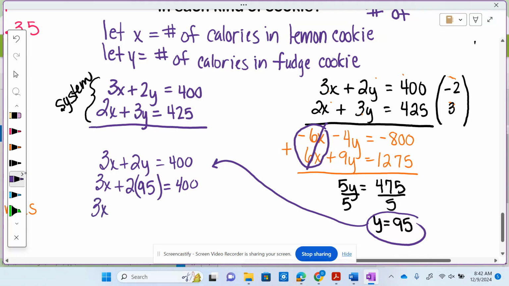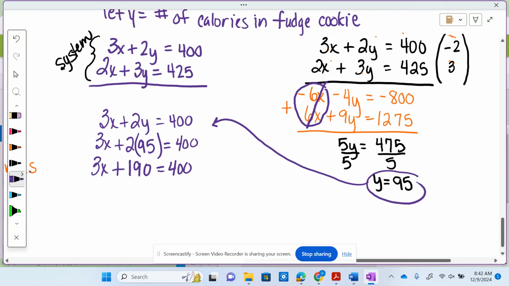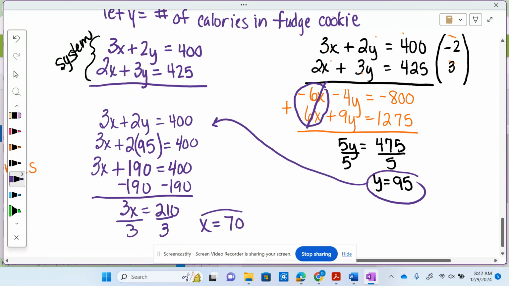So 3x plus, what is 2 times 95? Equals 400. Now what? Subtract 190 from both sides. So 3x equals 210. Divide both sides by 3, and I find out that x equals 70.